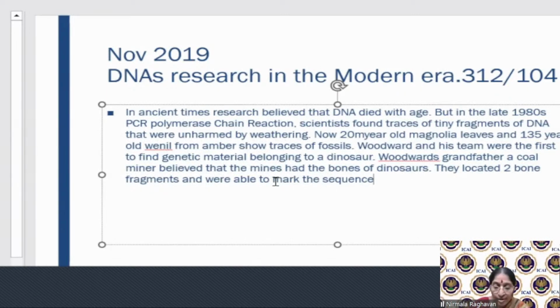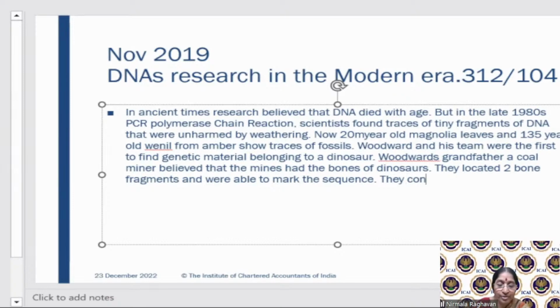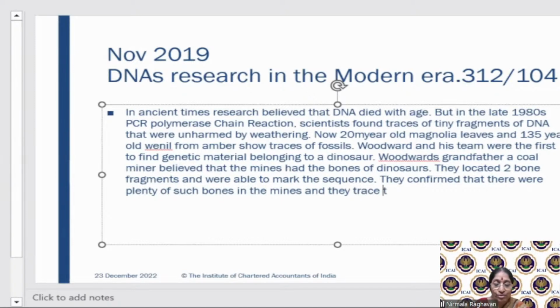They confirmed that there were plenty of such bones in the mines, and they trace back to the dinosaur family. Now let me count the number of words.